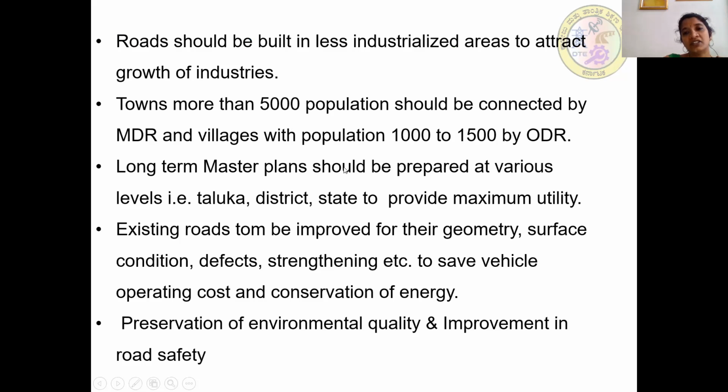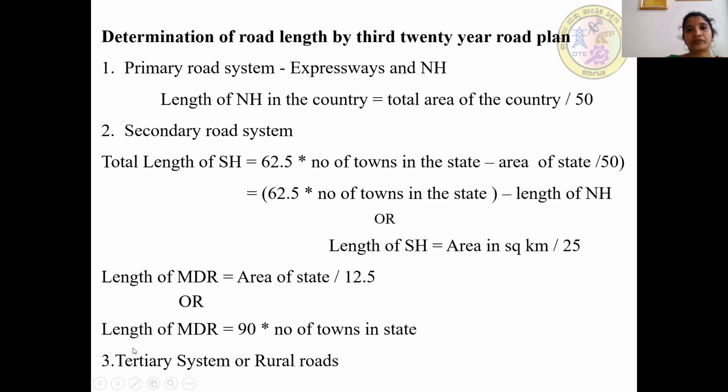Long-term master plans should be prepared at various levels, taluk, district and state, to provide maximum utility. Existing roads are to be improved for their geometry, surface conditions, defects, strengthening, etc., to save vehicle operating cost, conserve energy, preserve environmental quality and improve road safety.